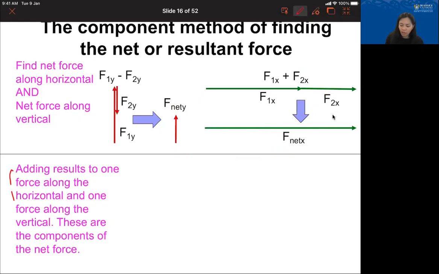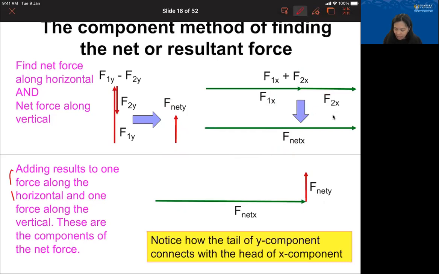If you have a net force along the horizontal and a net force along the vertical, notice again how the tail of the y component connects with the head of the x component, and they make an angle of 90 degrees with respect to each other because they are components of the net force.